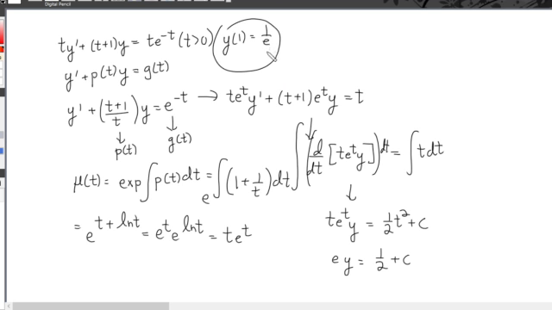And y is just 1 over e. So then we get that c is just 1/2, which means that this is t squared over 2 plus 1/2.